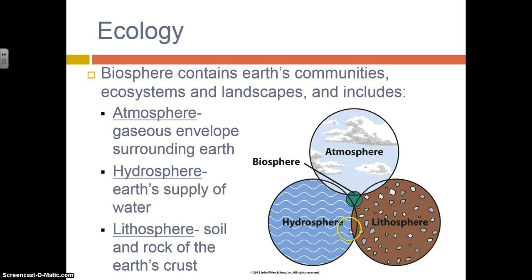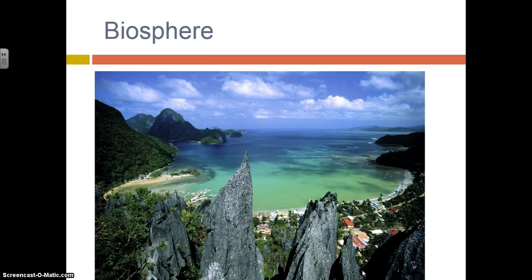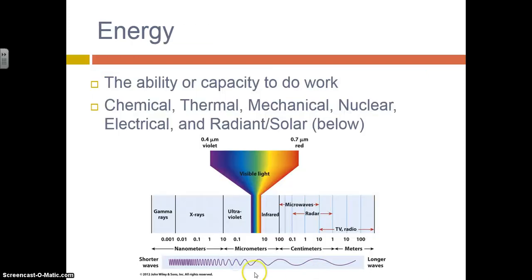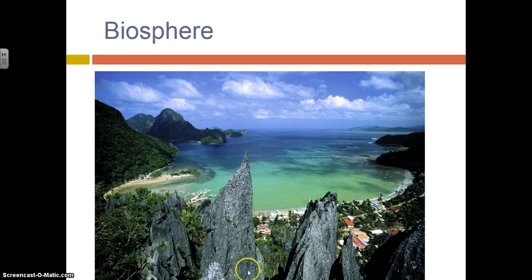When you combine all of these landscapes together, you get the biosphere. So here we have the interaction of the atmosphere landscape, the hydrosphere landscape, and the lithosphere landscape, all interacting to create the biosphere. And the biosphere essentially is the whole Earth.